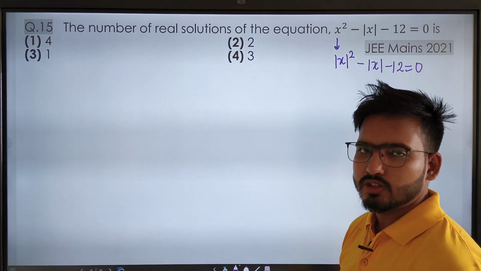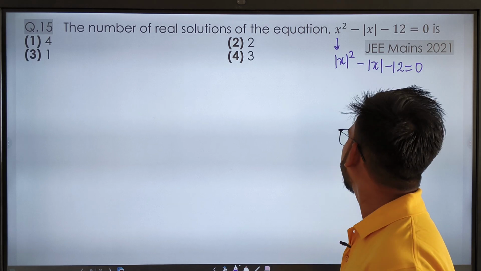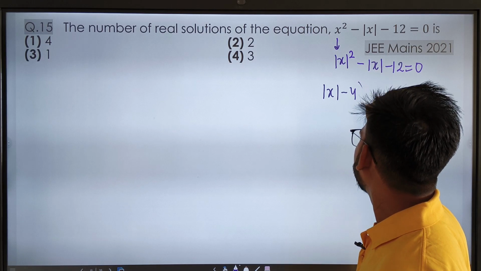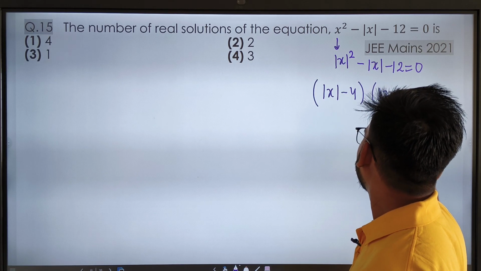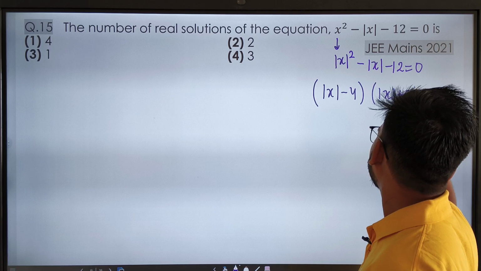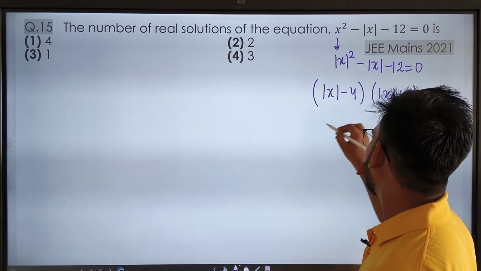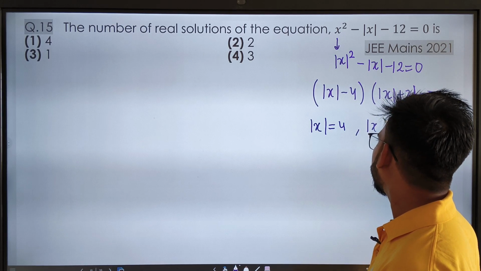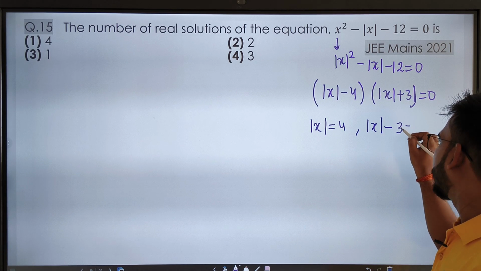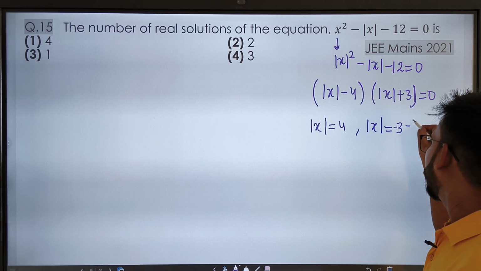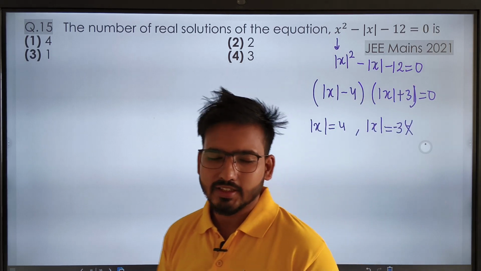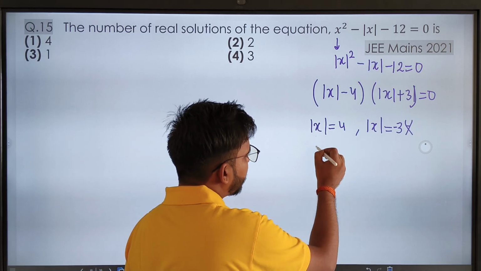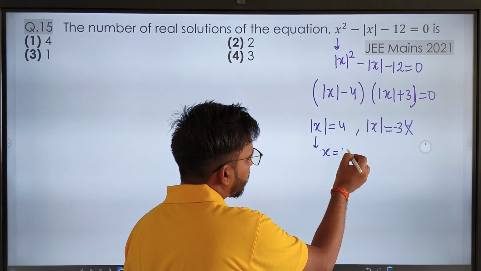Try to think about two numbers whose product gives minus 12 and whose sum gives minus 1. Those two numbers are minus 4 and plus 3. So from here the value of mod of x is 4 and the value of mod of x is minus 3, which is not possible, because modulus always gives a positive value. So x can be either plus 4 or minus 4.